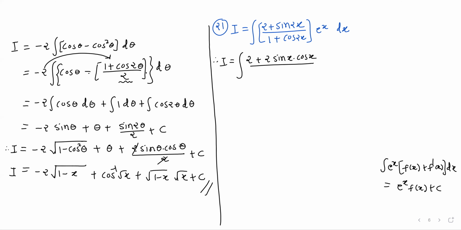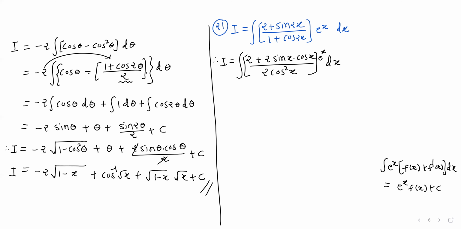Again, cos 2x converted into x form. 1 plus cos 2x is 2 cos square x. Don't forget to write e raised to x, e raised to x dx.